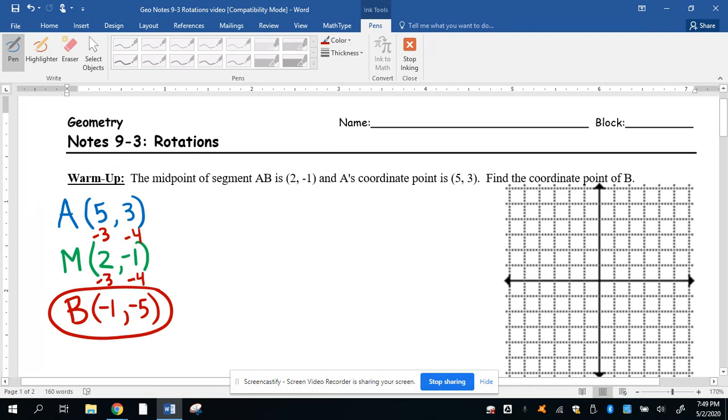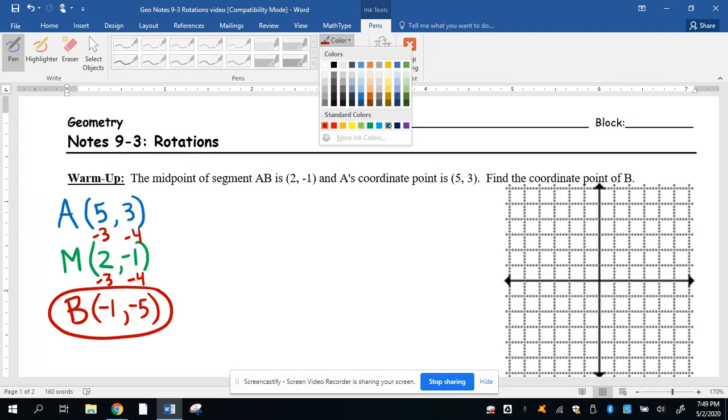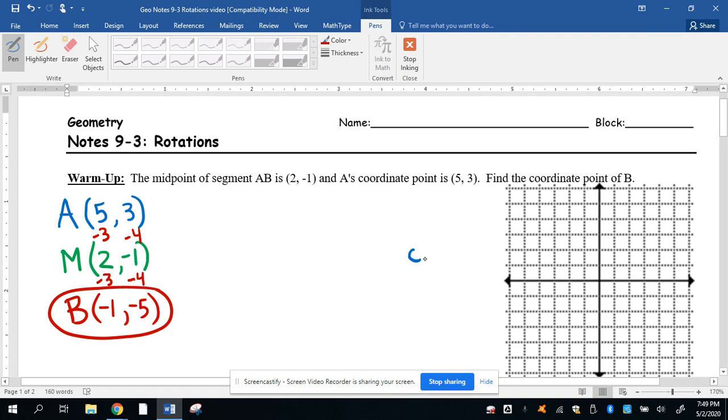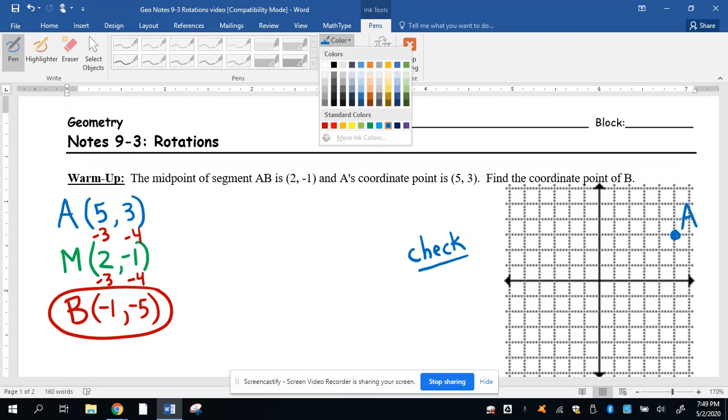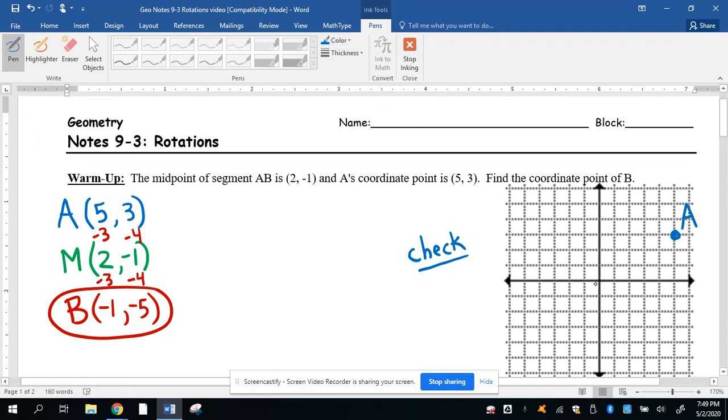If you are confused, then let's check your work by looking at this graph. So this is not required. This is just if you're confused as to what I did. So A is 1, 2, 3, 4, 5, up 1, 2, 3. We are given A. We are also given the midpoint, which is over 2 down 1.